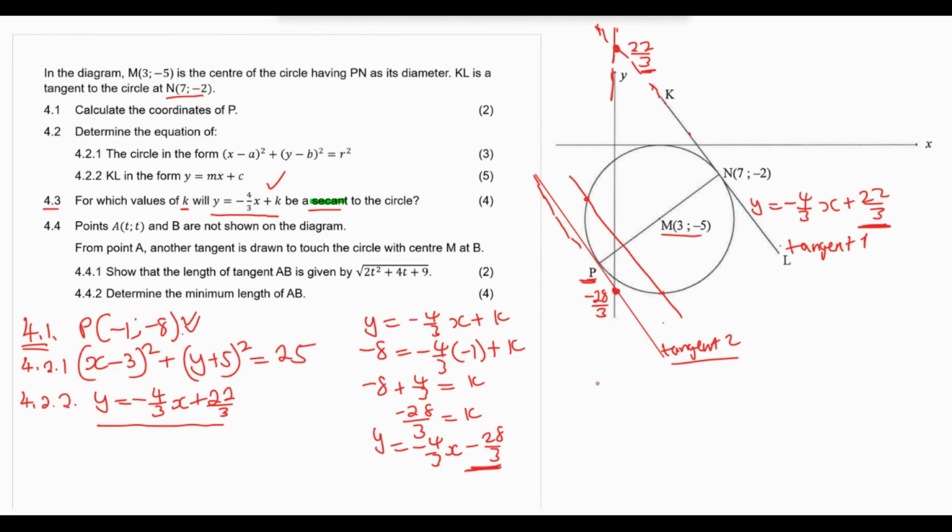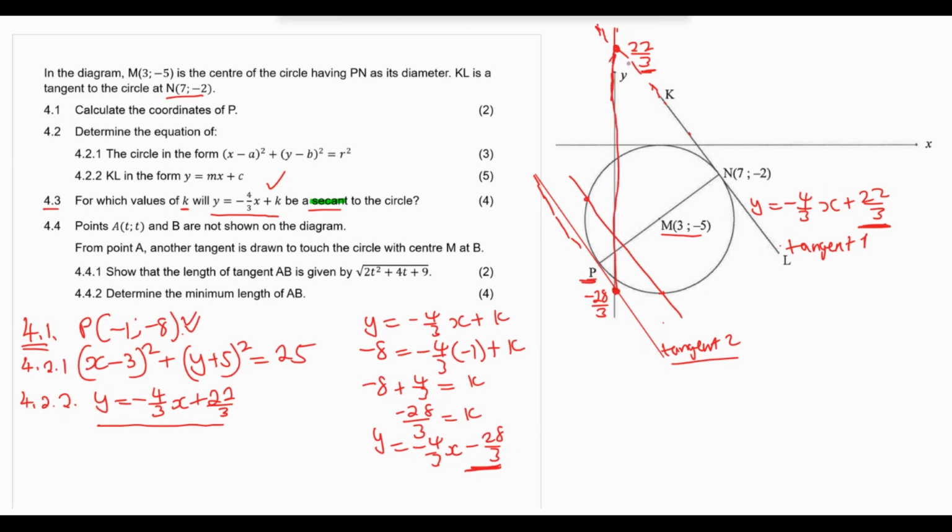And now we're saying for this line to be a secant, the value of k should be between these 2 points.